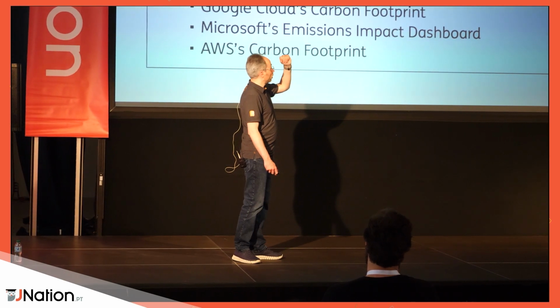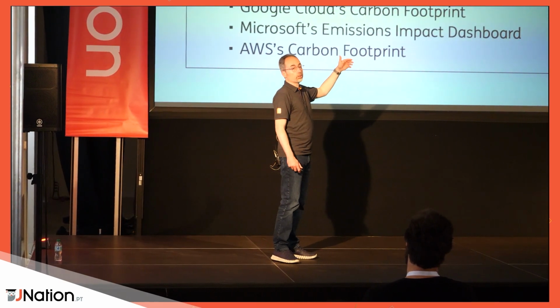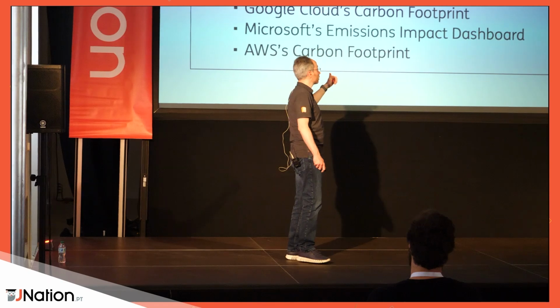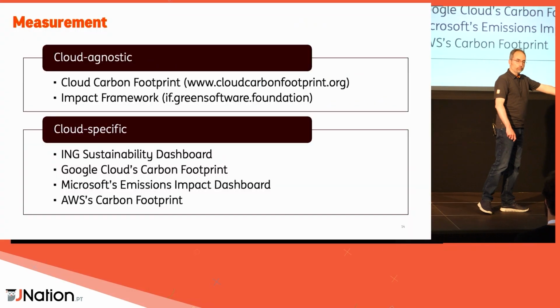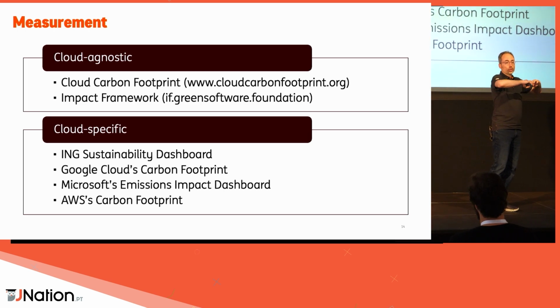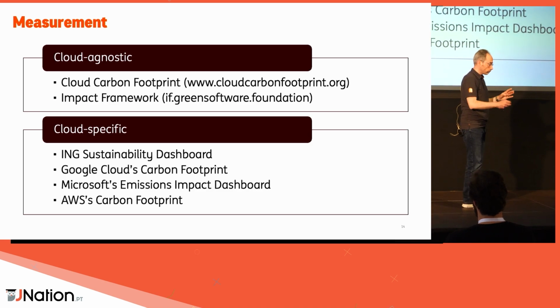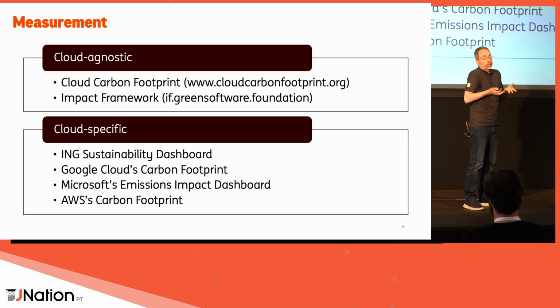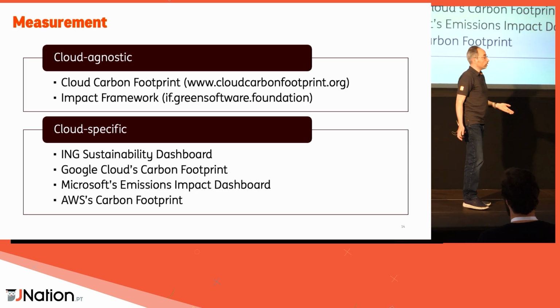And then you also have open source and cloud-agnostic solutions, some of them better than others. But the idea is always the same. You measure, you establish a baseline, you get your data, and from that moment on you start optimizing and you start comparing with your baseline. Just don't attempt to optimize stuff which does not necessarily need to be optimized.